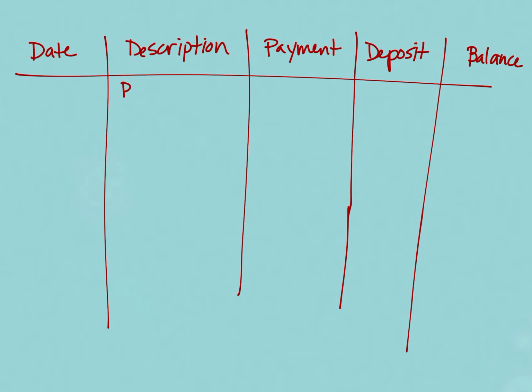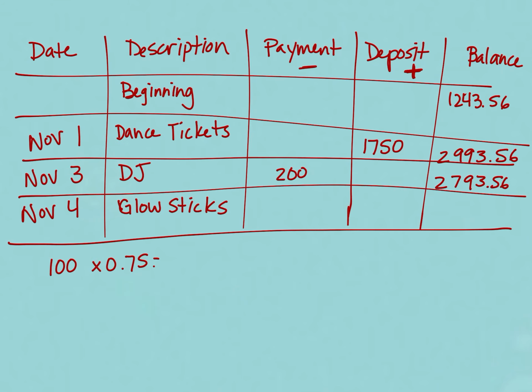November 4th is going to be tricky because there are multiple parts. These are the glow sticks. I'm going to use the bottom part of my page to show my work for this problem. I have 100 glow sticks that cost 75 cents each. That would be $75 for the glow sticks.